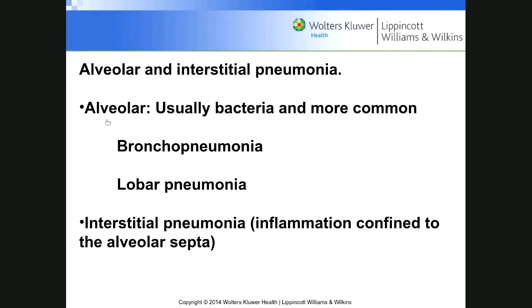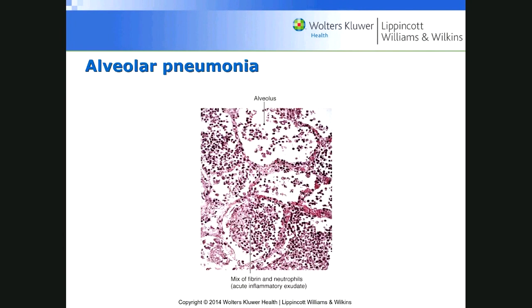In the alveolar, this is more bacteria, bronchopulmonary, which is patchy, or lobar, the whole lobe, right? The whole lobe is the one that is Streptococcus. Or the bronchopulmonary could be Streptococcus, but most likely, in the case of nosocomial, is MRSA, for example. Okay. I hope you make the distinction.